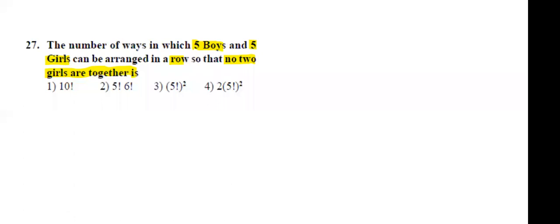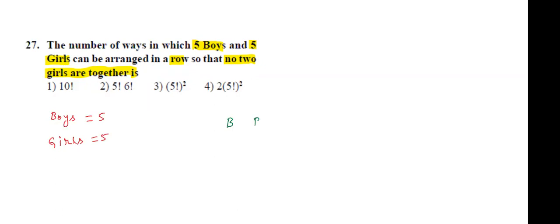First we should arrange boys. First of all, see the question, how many boys are there? Boys, 5 members. Girls, those are also 5. The condition is on girls. First we should arrange boys.